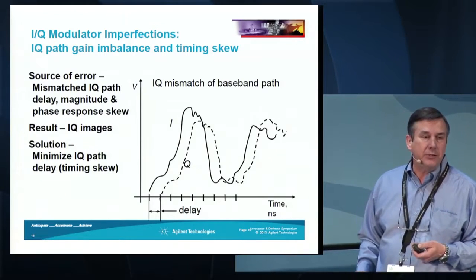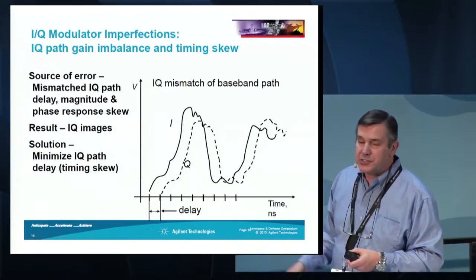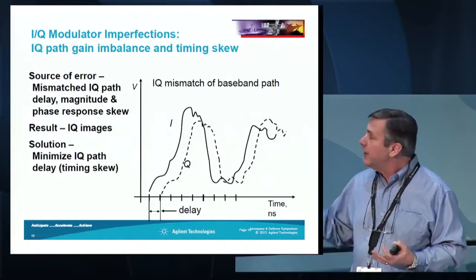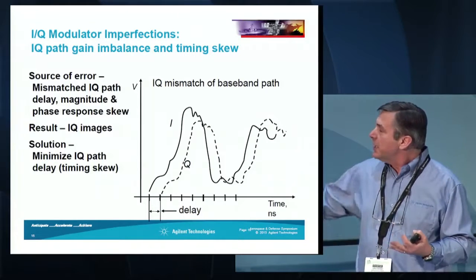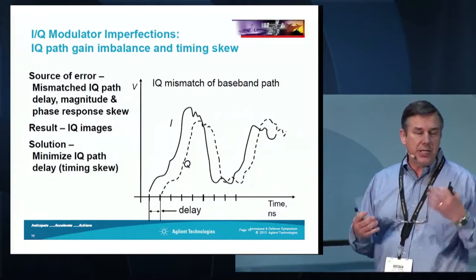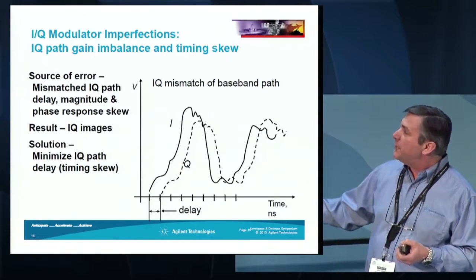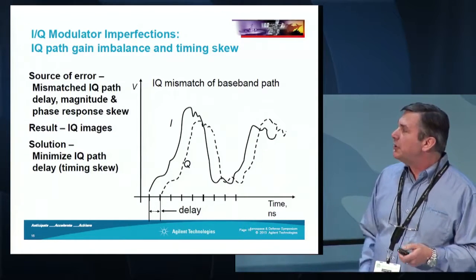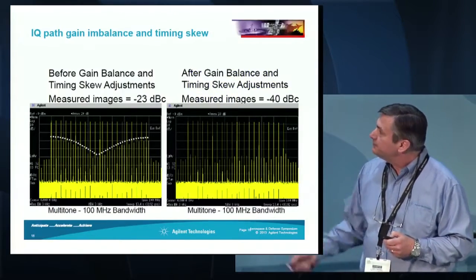One may have more gain or loss within the path than the other. So this is something that signal generator manufacturers take very seriously when they design and lay out their signal generator in order to make sure those paths, the I and the Q path, are identical. But if they're not, you result in what's called IQ images, and I think I have a picture of that here.